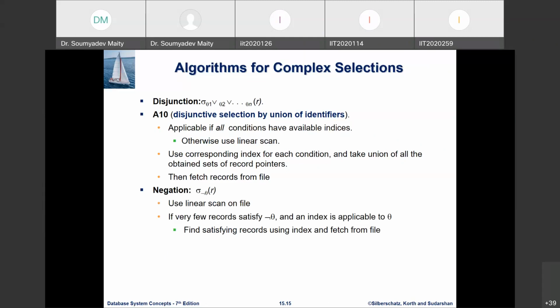Negation is very easy. You can do a linear search. Linear scan is an available option for any operation, whether it is selection, projection, negation, join, anything.